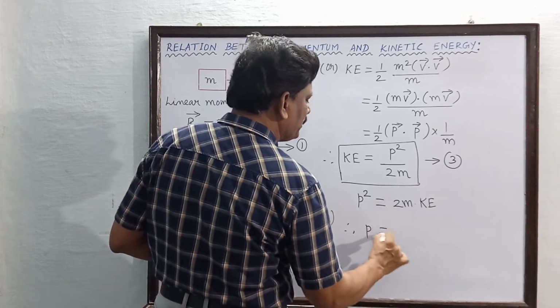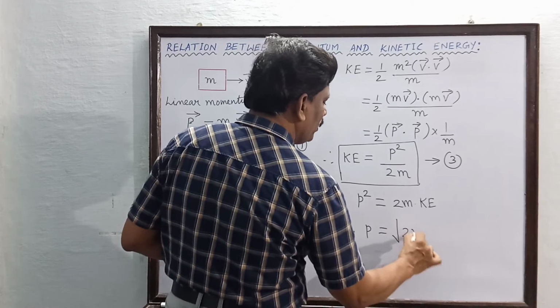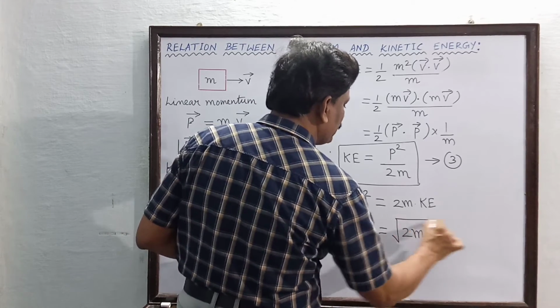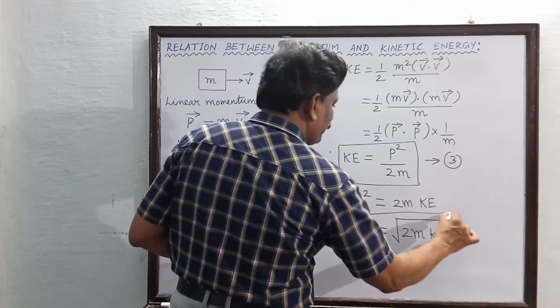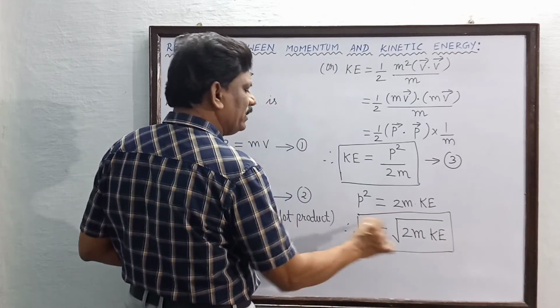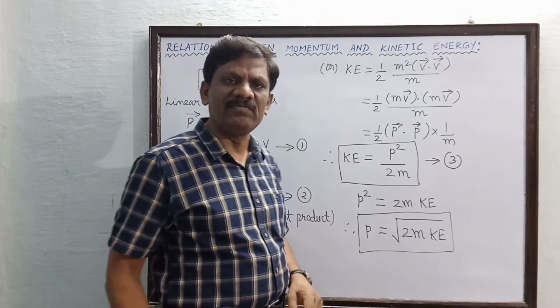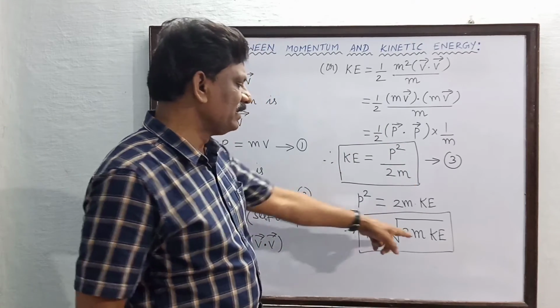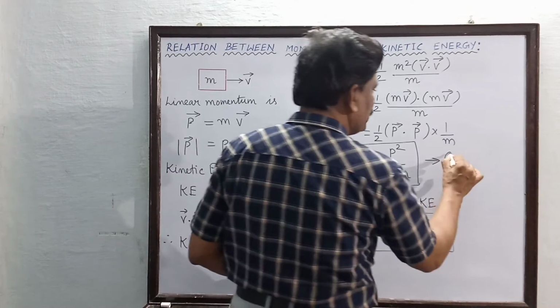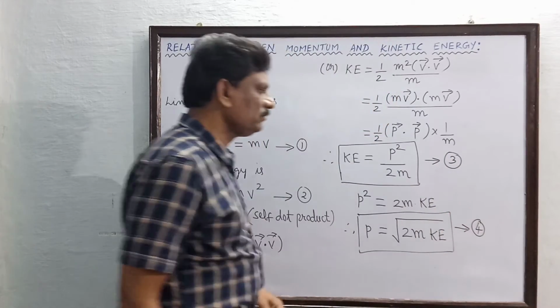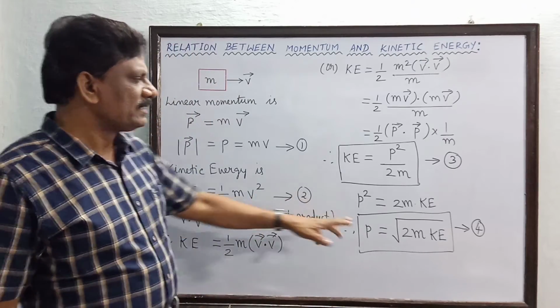Square root of 2 into m into kinetic energy. So, this is another way. Here, kinetic energy is expressed in terms of momentum. Here, momentum is expressed in terms of kinetic energy. And this is equation 4. So, this is the relationship.